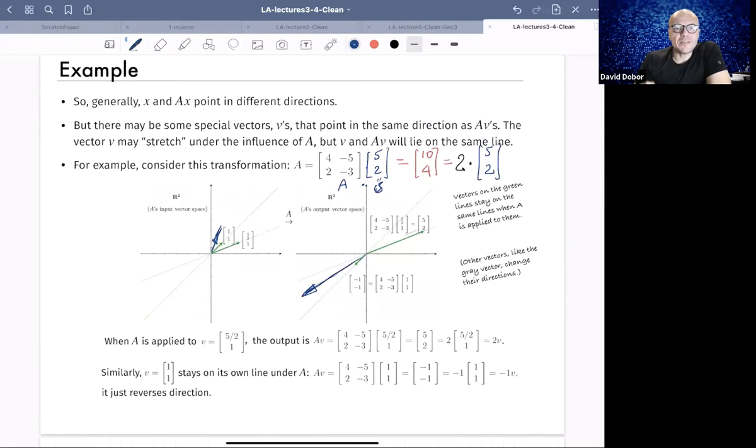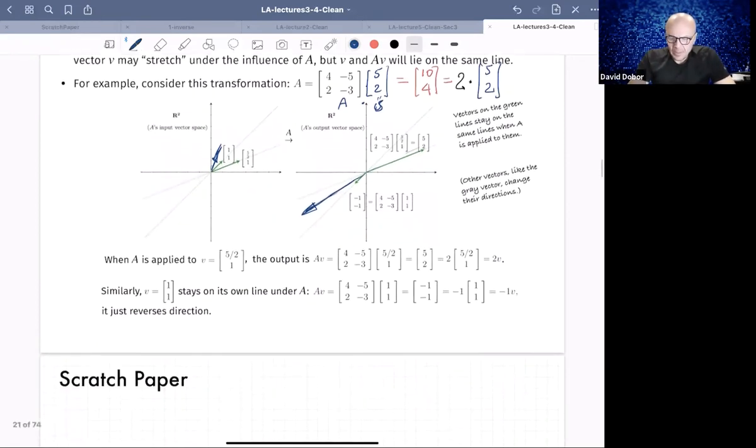The gray vector changed direction. That's not an eigenvector. So again, eigenvectors are the vectors that don't change direction. They can flip to the completely opposite direction, but they stay on the line that they were on to begin with before being transformed by A.